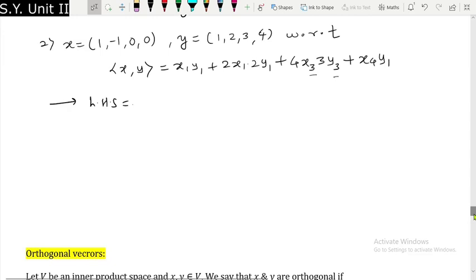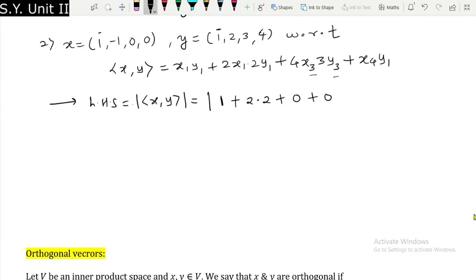The LHS of the inequality is mod of inner product of x with y, which is equal to mod of x1 y1, so this is my x1, this is my y1, so 1 multiplied by 1 is 1, plus 2 multiplied by x1, my x1 is 1, so it will be 2 multiplied by y1, which is also 1, so it will be 2 multiplied by 2, plus 4 multiplied by x3, x3 is 0, therefore this entire term will be 0, plus x4 is also 0, so the entire term will be 0, so this will be 1 plus 4, that is mod of 5, and it is going to be 5.